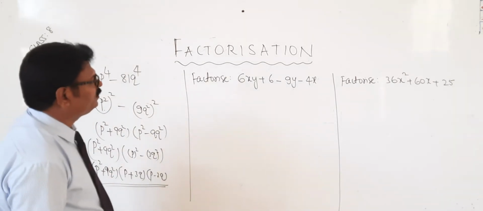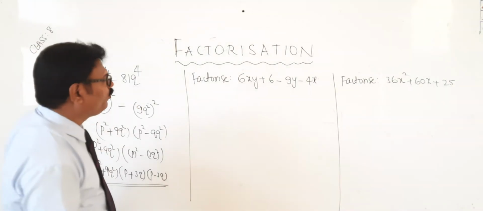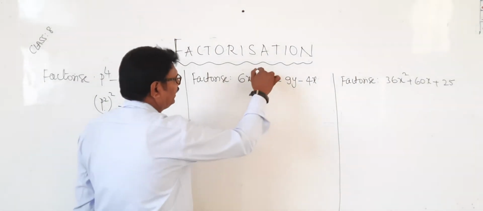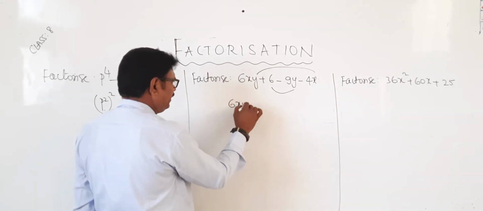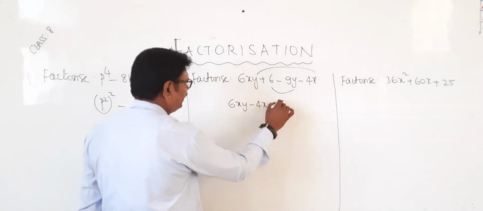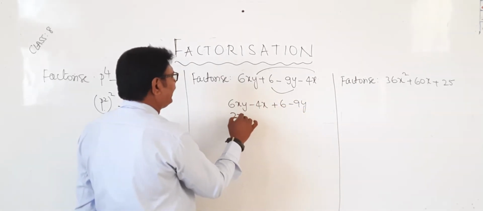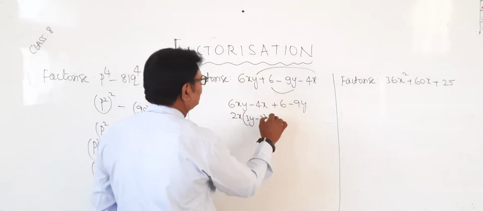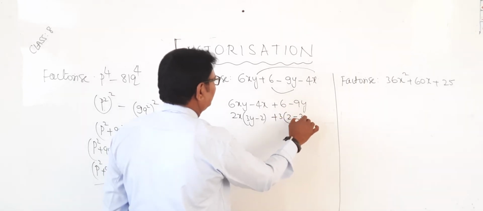Next one. Again, 4 terms are there. 4 terms means what is that method? Yes, grouping method. Yes, you can do it however you want. I will take these two and these two will be different. So 6xy minus 4x plus 6 minus 9y. 2x if you take common 3y minus 2 plus 3 if you take 2 minus 3y.